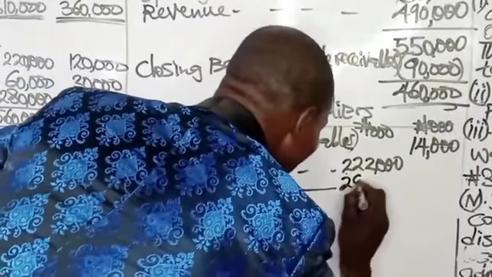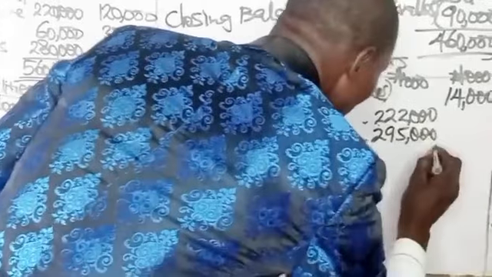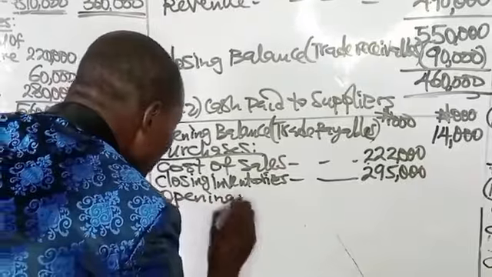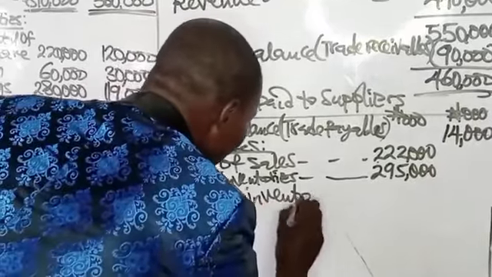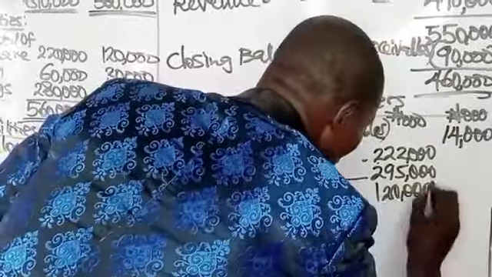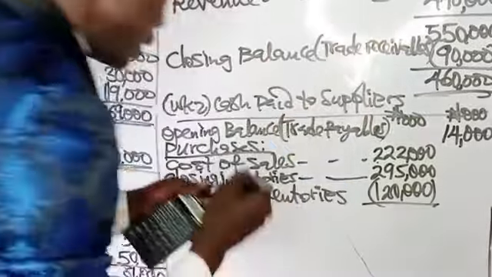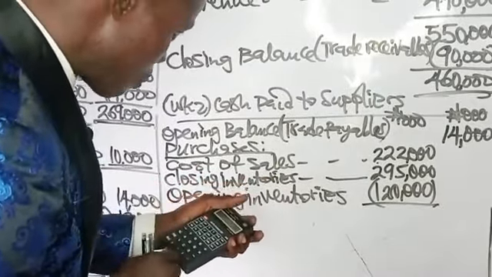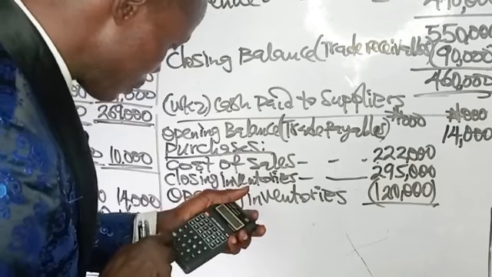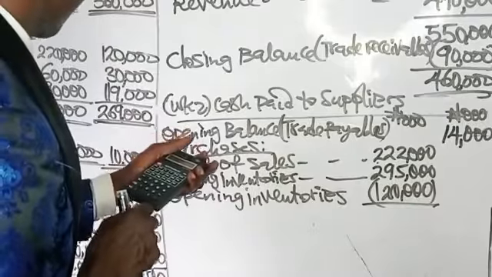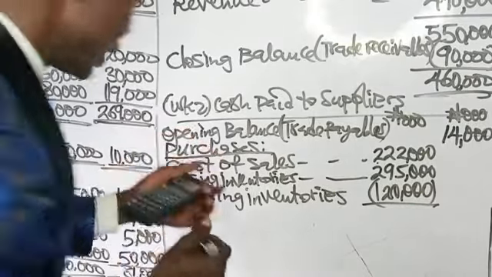So closing inventory is 295,000. You add it, you subtract the opening inventories under current assets, and that amounted to 120,000. So after these adjustments, we have 222,000 plus 295,000 minus 120,000, so we have 397,000.